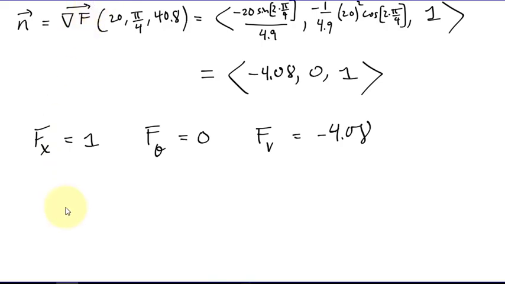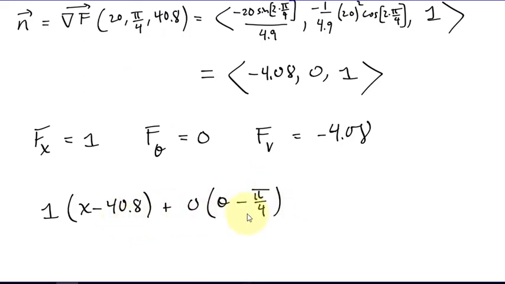So I could do 1 times x minus the actual x value, which was 40.8, plus, let's say I do the theta, so of course that's 0, times theta minus the actual angle at that point, pi over 4.